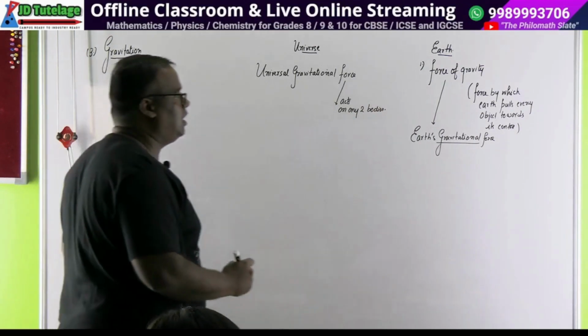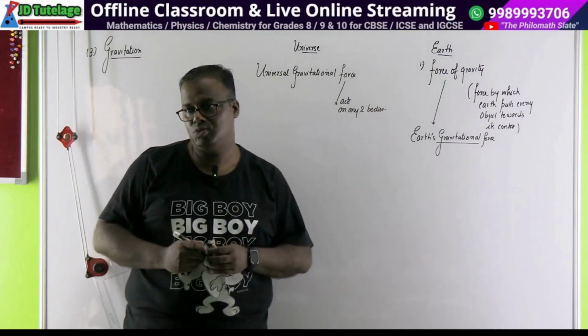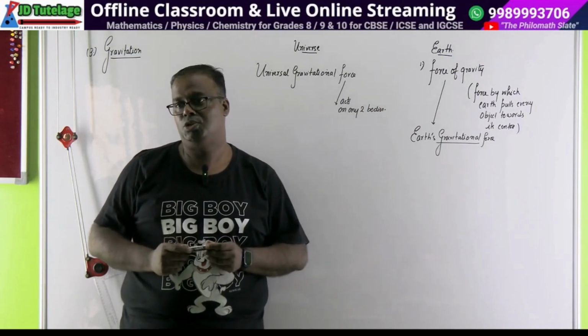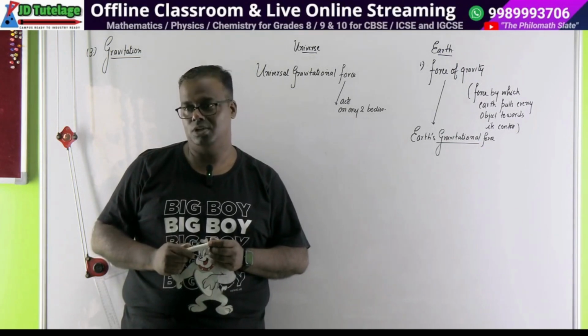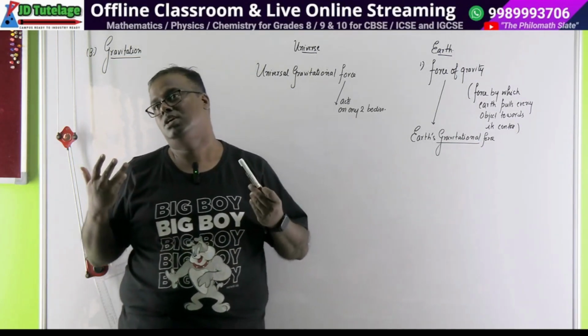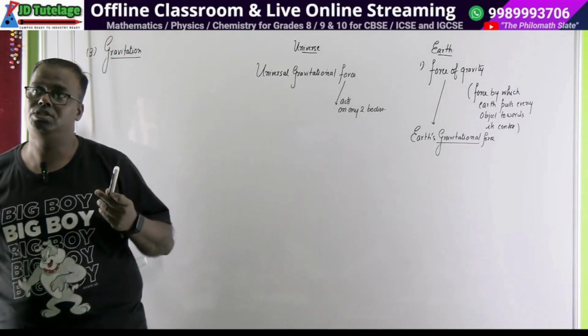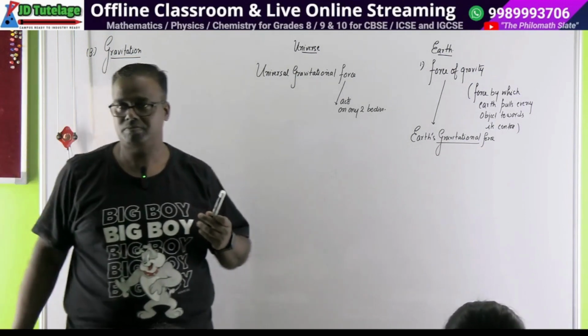It can act between two ants, between Uranus and Neptune, between Earth and Moon, between you and me. Whether the force is of substantial value or not, that's a different thing.